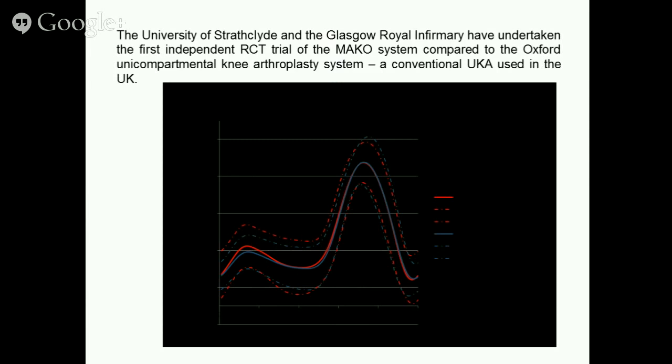So we have carried out the first independent trial of this technology as a randomized controlled trial with my colleagues in the Glasgow Royal Infirmary. And here you can see a graph of the outcome of 2 groups of approximately 50.